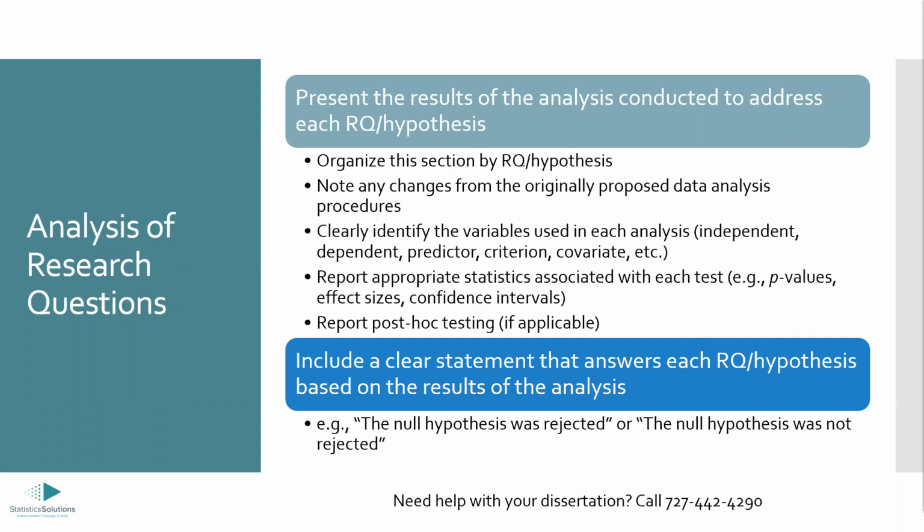And if your hypotheses are in the null and alternative format, you would usually do this by making a statement about the null hypothesis. So stating that the null hypothesis was rejected if your results were statistically significant, or stating that the null hypothesis was not rejected if your results were not statistically significant.